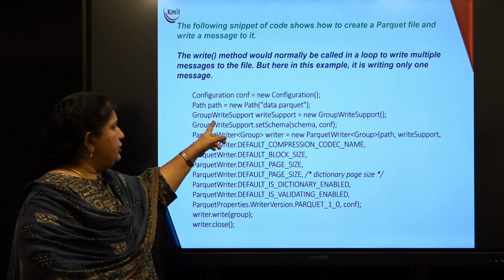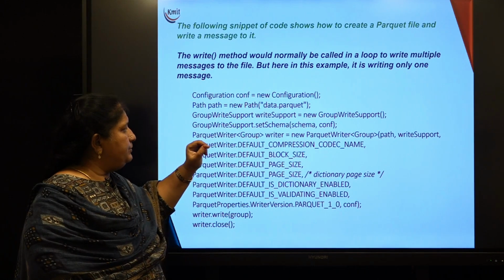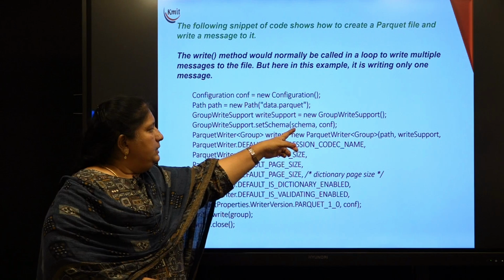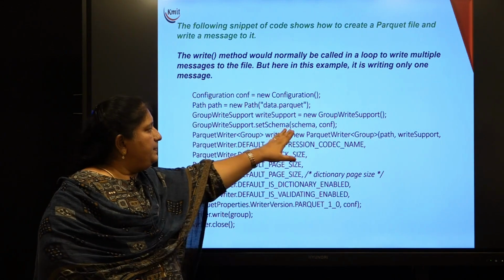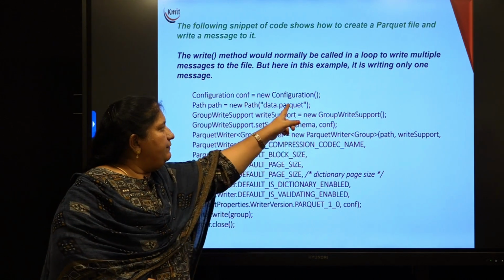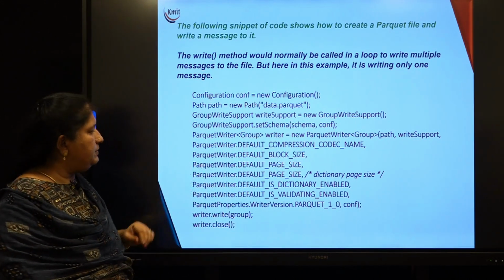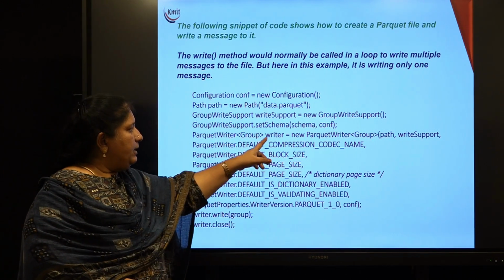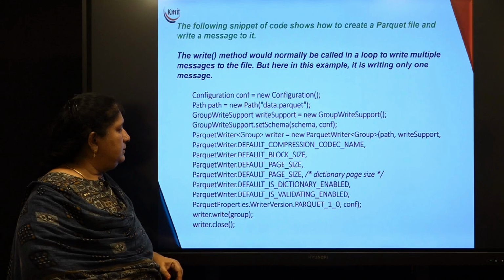And you are trying to take a group write support object. Group write support, set the schema. Whatever schema we have defined in the previous slide example, the same schema we are using, and it should be given with this configuration. You are just making the association. Then you are associating the writer object with the path.